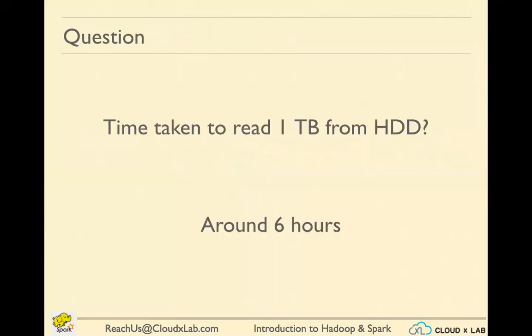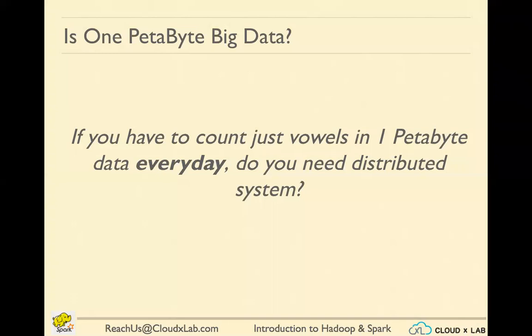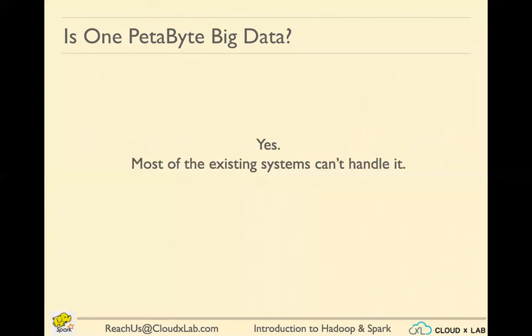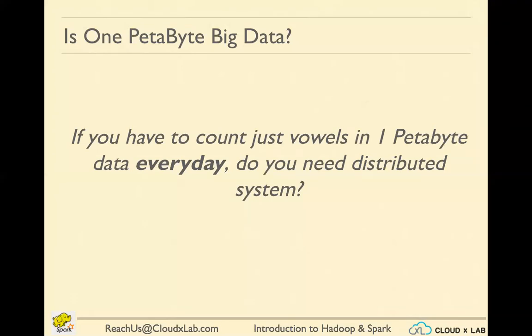Therefore, reading 1 PB data on one computer is going to take so much time, even if we had such a computer which could store 1 PB data. So even for storing 1 PB data, you require distributed systems.